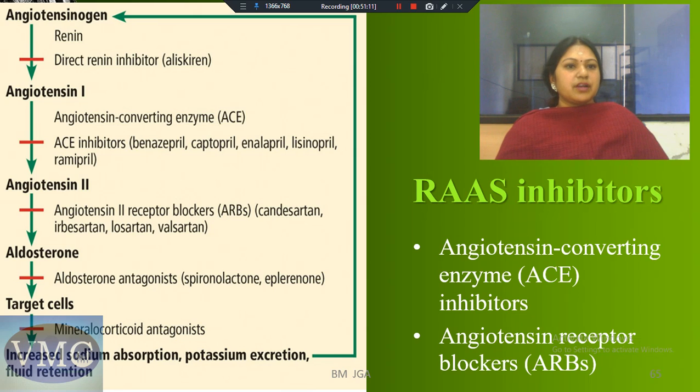Some of the drugs: the direct renin inhibitor is aliskiren. ACE inhibitors are the prils: captopril, enalapril, lisinopril, ramipril. Angiotensin 2 receptor blockers, or ARBs, are the sartans, and the aldosterone antagonists are spironolactone and eplerenone. So this can bring your BP, if it is high, back to normal.